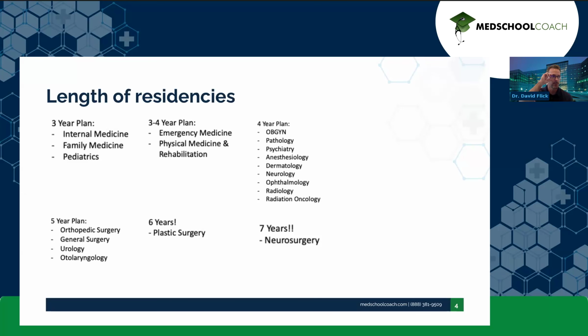Maybe you love neurosurgery, and the idea of 7 years in training doesn't bother you at all. But for some people that makes a big difference for whatever reason. My wife, for example, was in love with surgery, but didn't love the idea of being a surgical resident for 4 or 5 years. So find the specialty you're interested in, and make sure you've got a good idea how long that training plan is going to be.